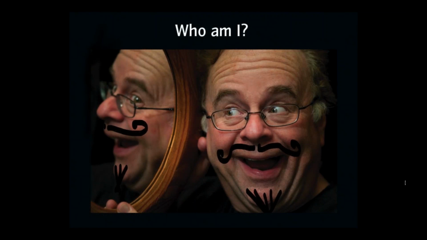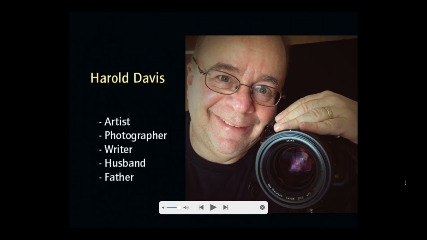Well, that's all very well and good, but a deeper way of looking at it is you want to take deeper photographs, become a more interesting person. So I am an artist, a photographer, a writer. I'm also, as it happens, a husband and the father of 4 kids. These are probably, and not necessarily in this order, the most important things to me.